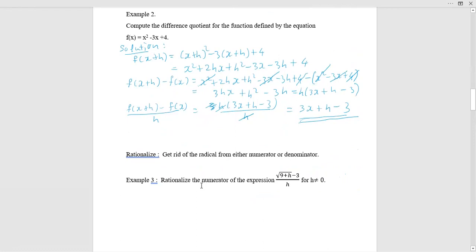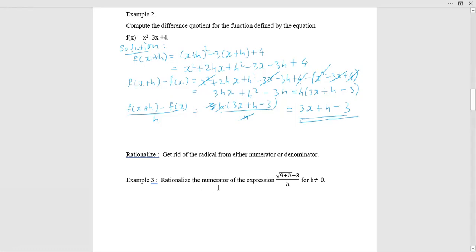Next is rationalize. Rationalize simply means get rid of the radicals. If the question asks you to rationalize the numerator, you get rid of the radicals in the numerator. If the question asks you to rationalize the denominator, you get rid of the radicals in the denominator. Okay, let's do this example.